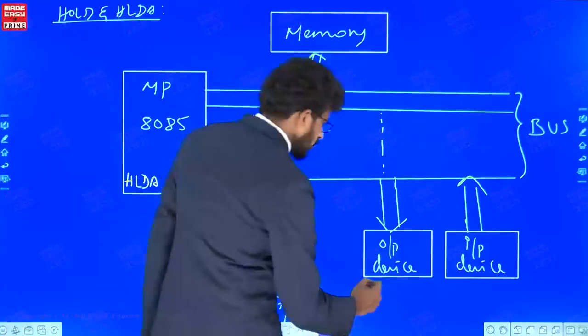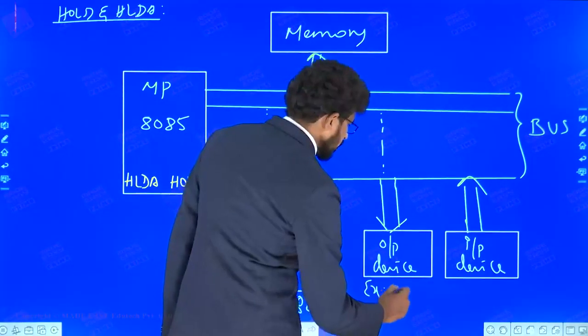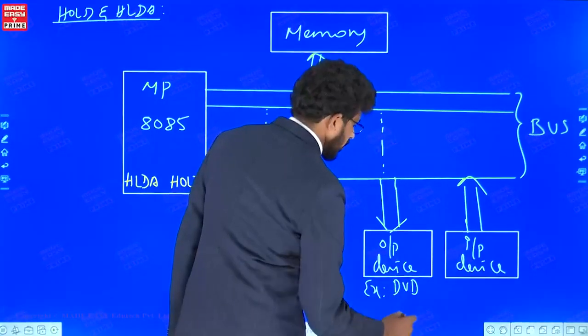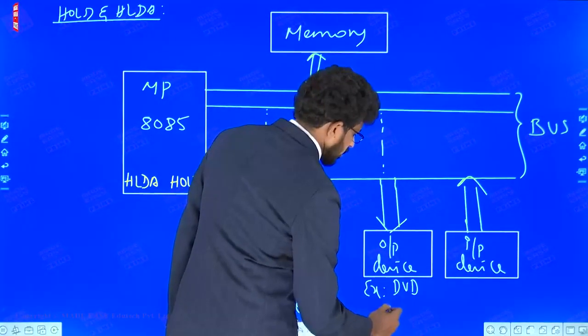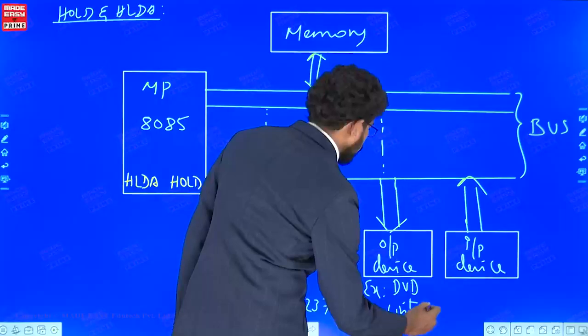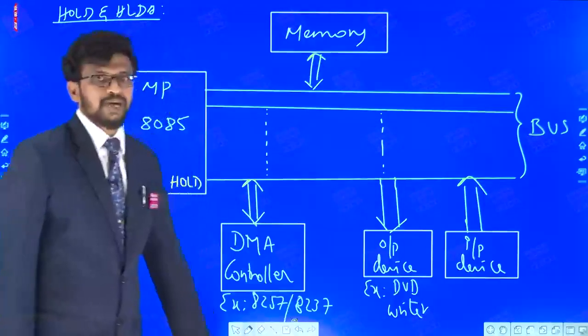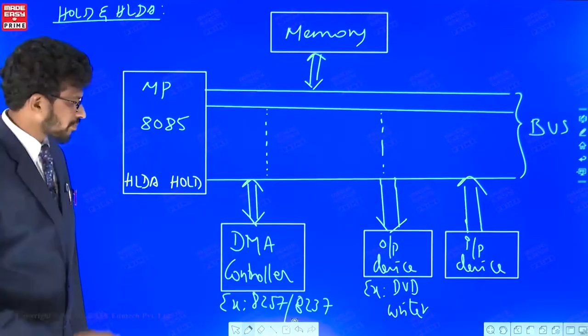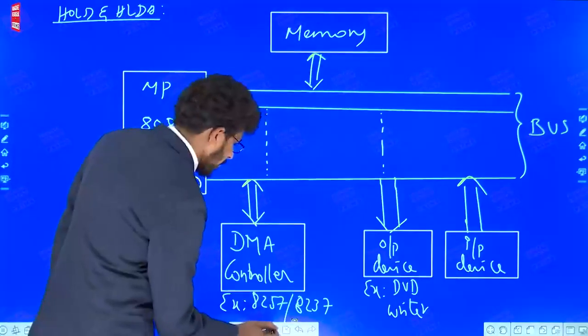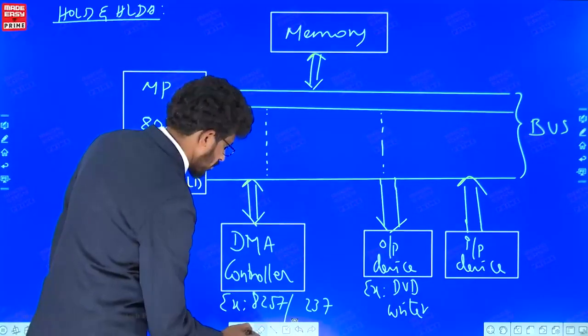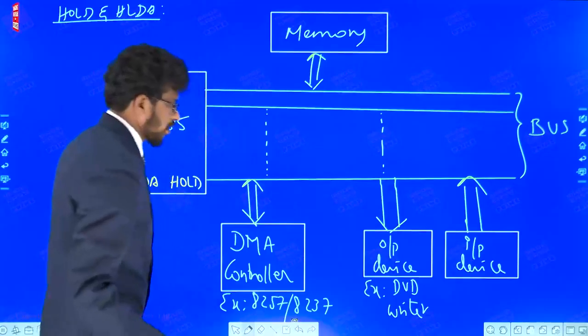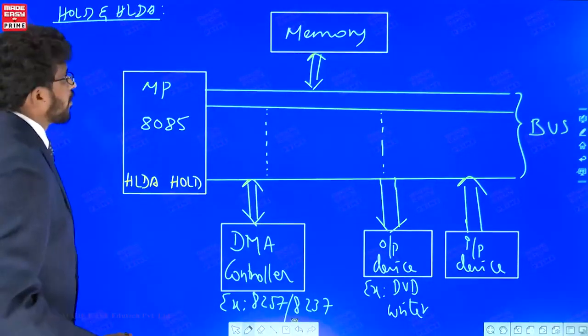Say, for example, the output device here is a DVD writer, let us say, or CD writer, whatever it is. Let us discuss how actually it happens.